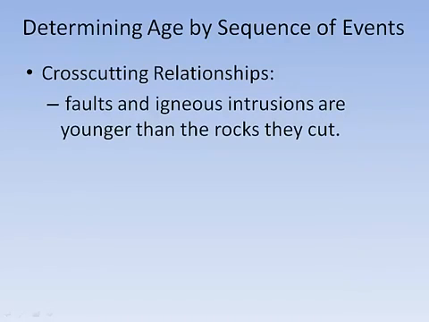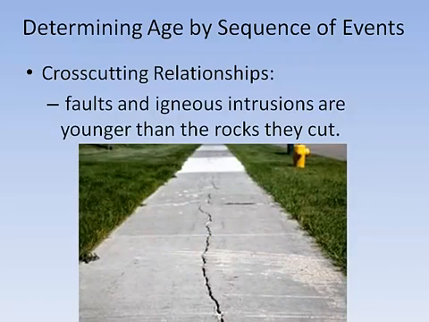Another thing that we use is something called cross-cutting relationships. What that means is that faults or igneous intrusions are younger than the rocks that they cut into. Look at this picture of the sidewalk. Which is older, the sidewalk or the crack? Obviously the sidewalk's older. The sidewalk had to be there before the crack could form in it.